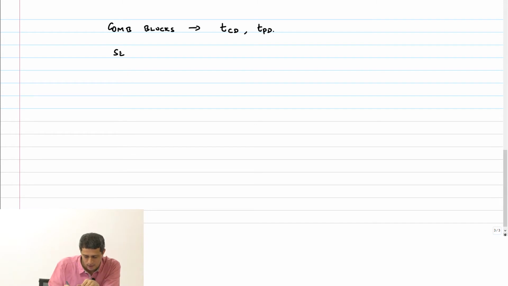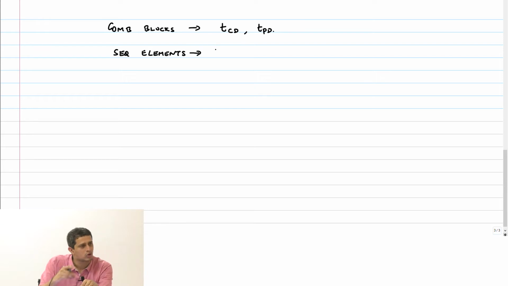Then I have sequential elements, which have, so let's only deal with a flop for now, okay? So we have TCCQ, TPCQ, right, T setup and T hold.